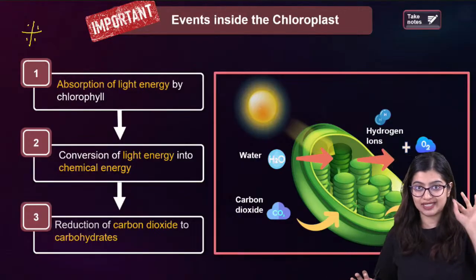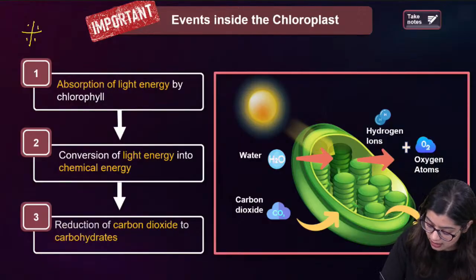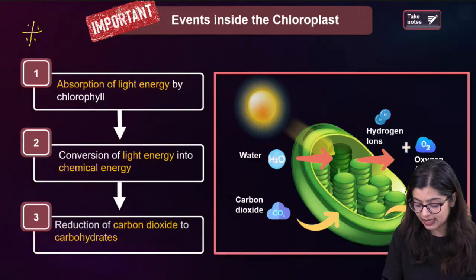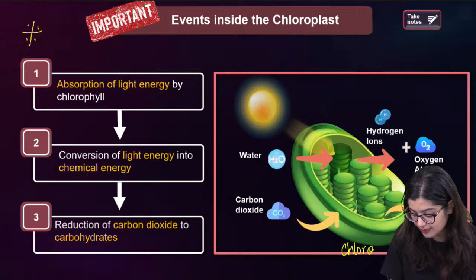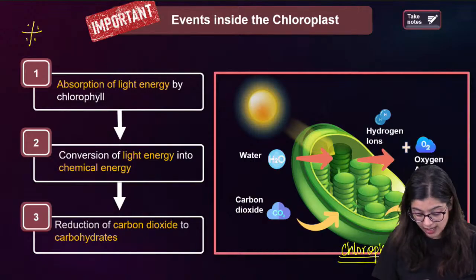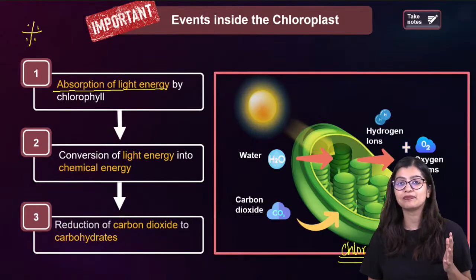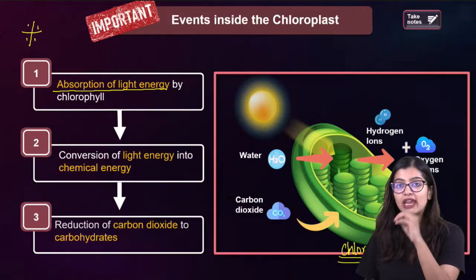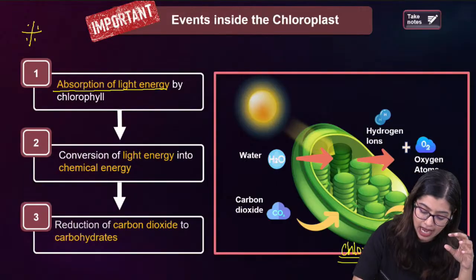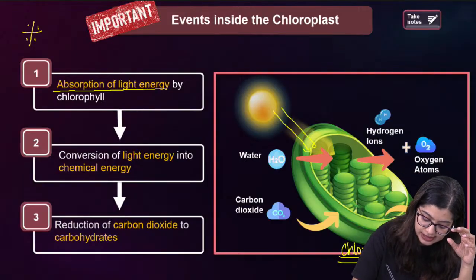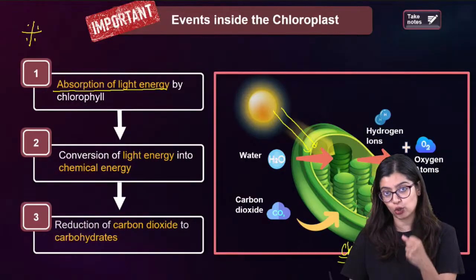First and foremost, step number 1 is that the chlorophyll inside my chloroplast will absorb the light energy. This is very, very important. Light energy from the sun is absorbed by the chlorophyll.